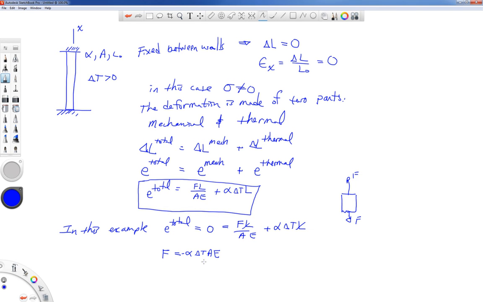Notice that it has a modulus of elasticity term in it, and that's a pretty big number. We're talking about gigapascals, or tens of millions of psi. Constrained thermal deformation can lead to very high forces very quickly, even with relatively small temperature changes. So it can be a pretty big deal if you have these temperature changes and you don't allow for thermal expansion.